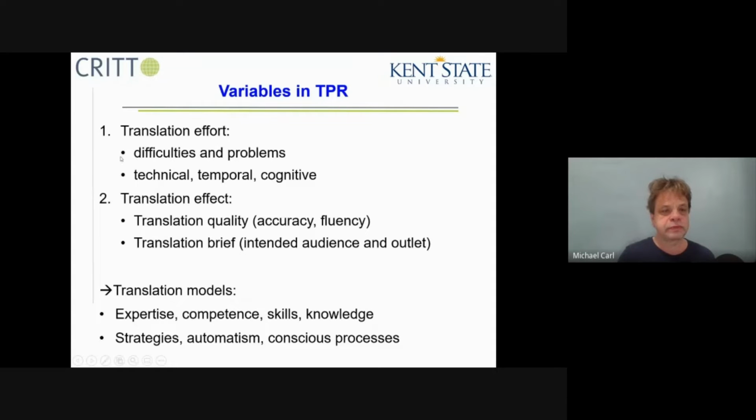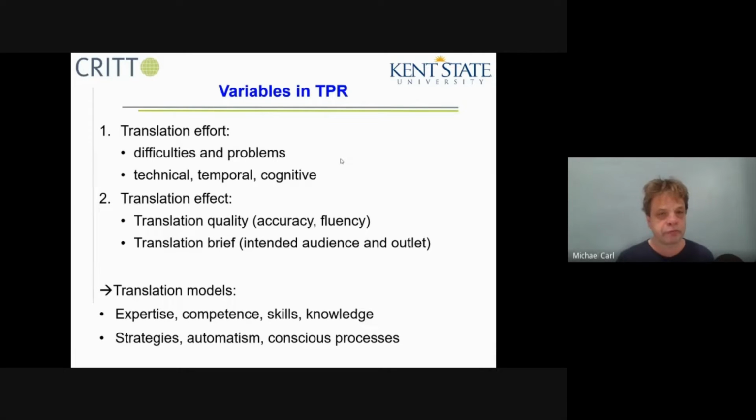Difficulties for those authors relate to the intrinsic problems or difficulties in the text. So some texts are more complex. For instance, they are more embedded, they have more difficult structures, they have more less frequent words and so on. So these would be kinds of intrinsic difficulties. Problems then would relate to problems that a translator has, which is often related to the textual difficulties, but not necessarily so.